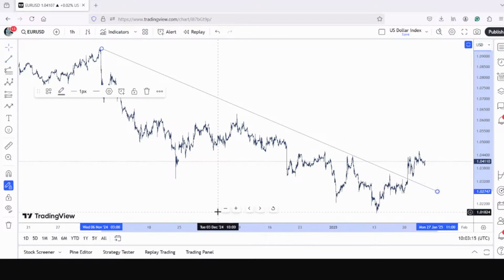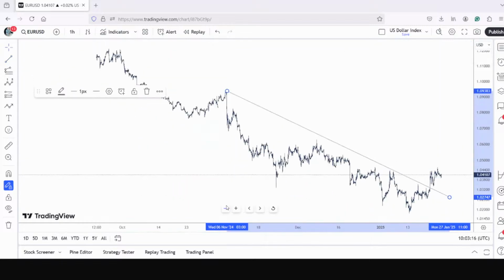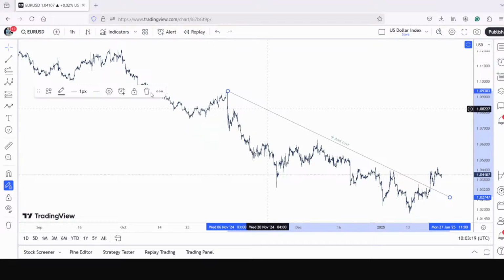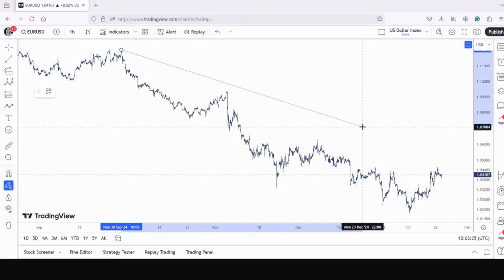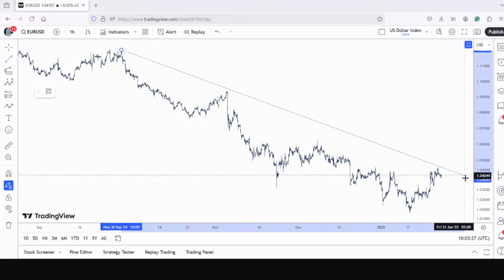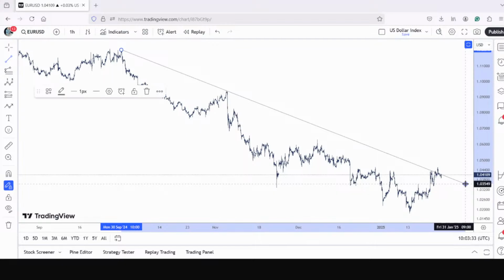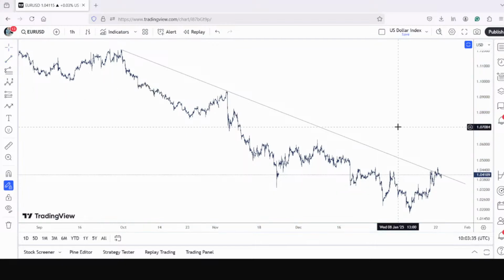I think I missed the high. That is the September top, which is the intermediate trend line.